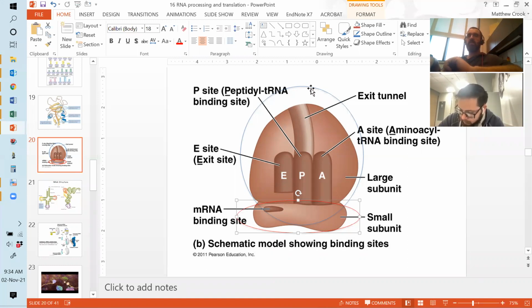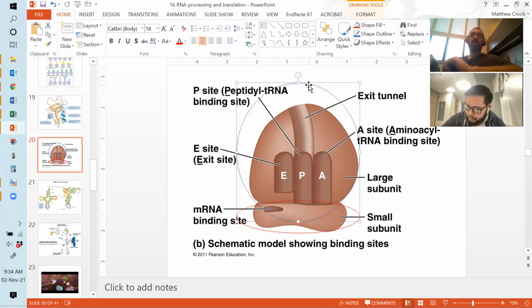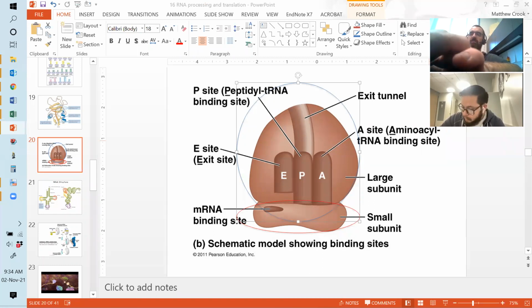Now the large subunit up here is larger, as the name suggests, and has several particular features. So the large subunit, essentially, to simplify a great deal, is all about peptide bond formation.